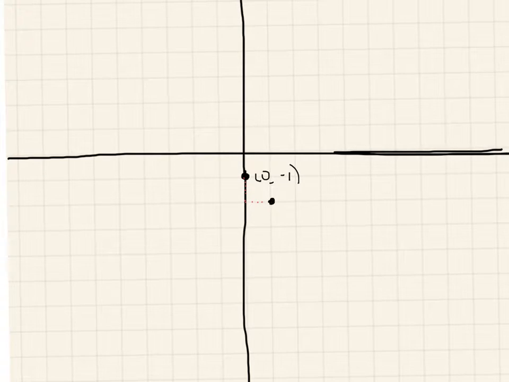I can keep doing this: down 1, to the right 1, down 1, to the right 1. It's just a staircase. And I really want this black, not red.